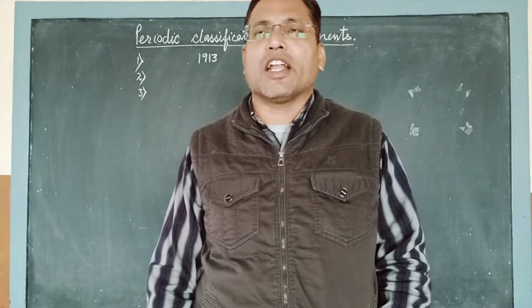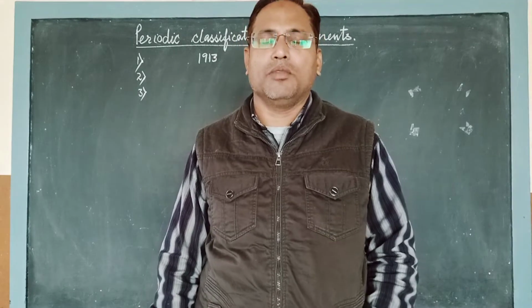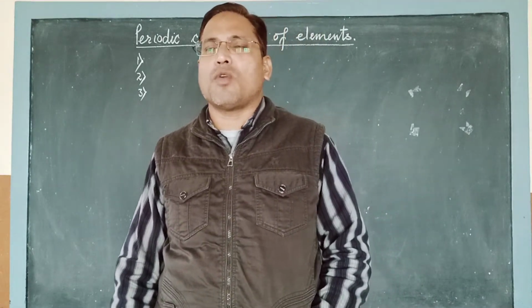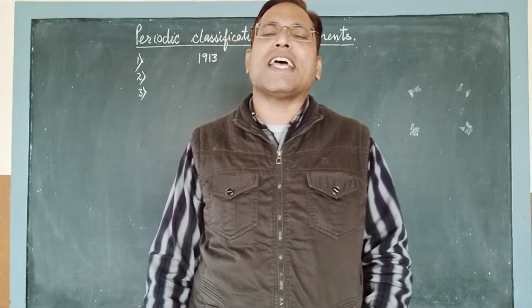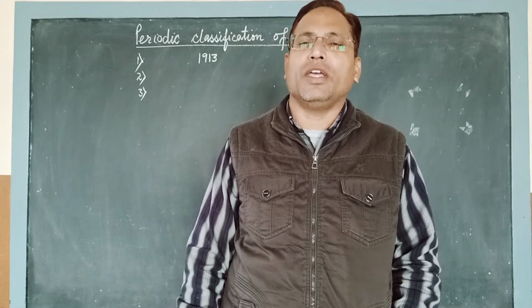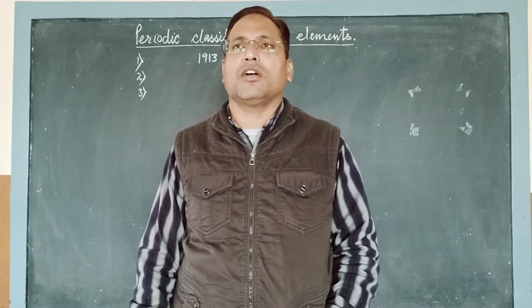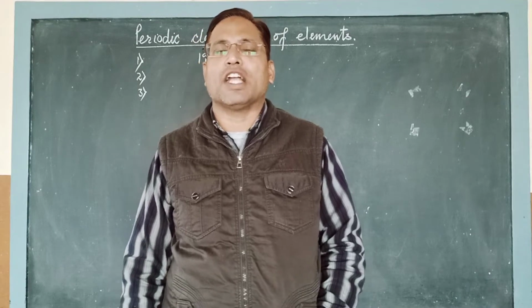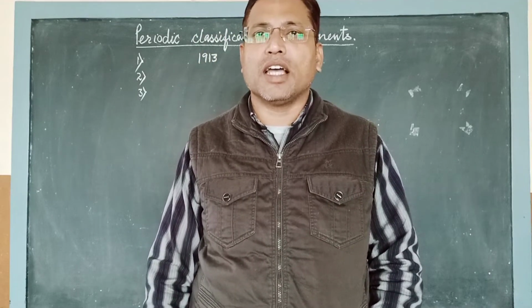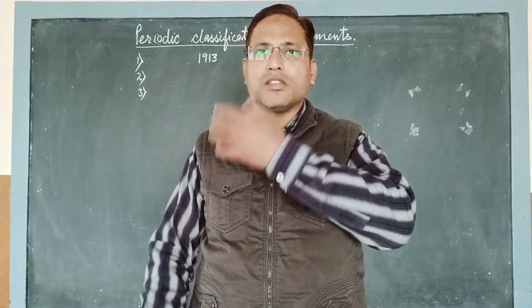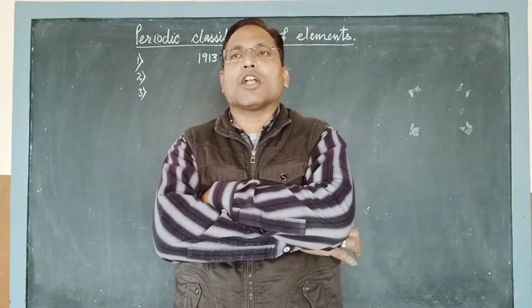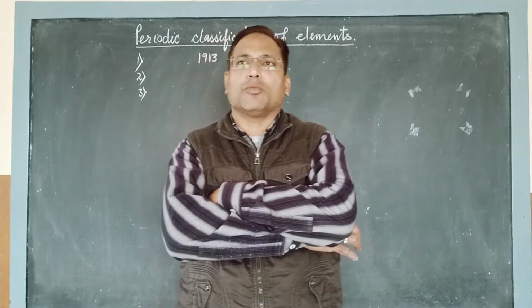He said, let us forget all what we have studied till now, what we have done till now. Let us arrange the elements in a different way, in increasing order of the atomic number instead of atomic mass. We will arrange the elements in increasing order of the atomic number, not atomic mass.